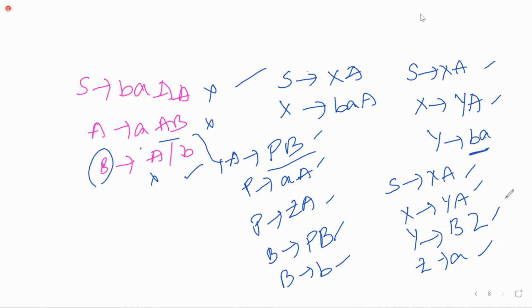Remaining students, Sharat, Akila, Preeti, please respond. Yes, ma'am, it's clear. Okay. Next, I'm moving forward. In this example, you solve and tell me the final answer. C, D, A. C tends to AAB.